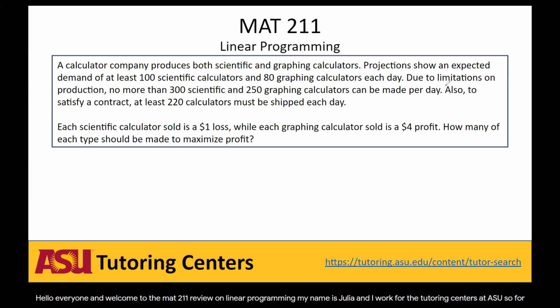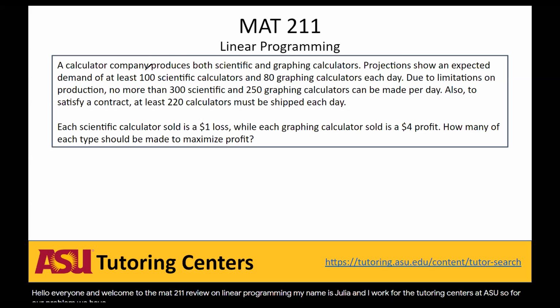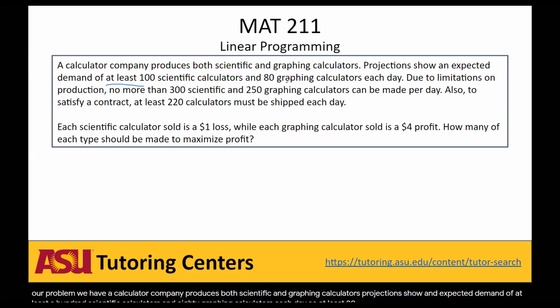So for our problem, a calculator company produces both scientific and graphing calculators. Projections show an expected demand of at least 100 scientific calculators and at least 80 graphing calculators each day. Due to limitations on production, no more than 300 scientific calculators and 250 graphing calculators can be made per day.